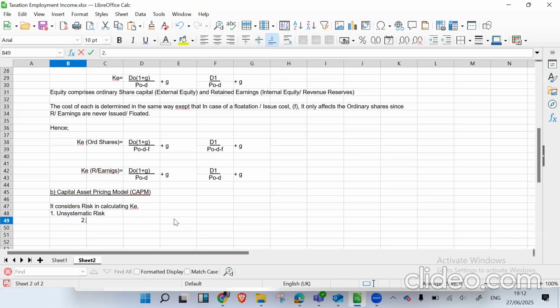And number two, systematic risk. So you have unsystematic risk and we have systematic risk.